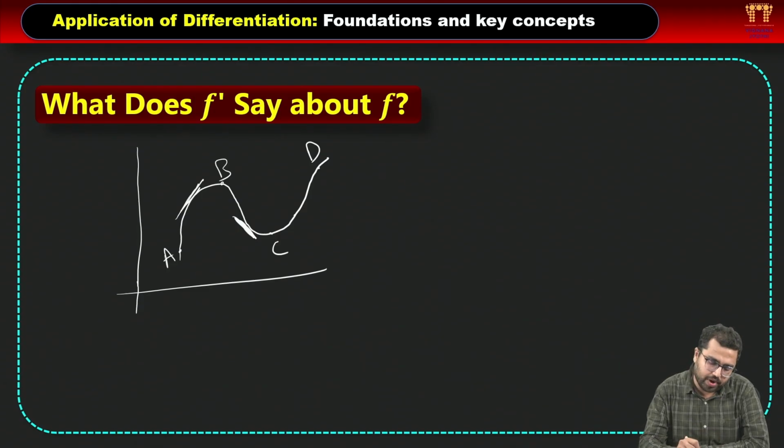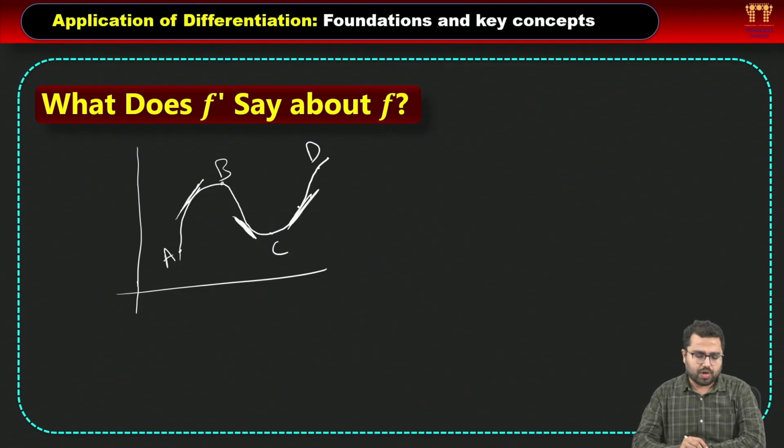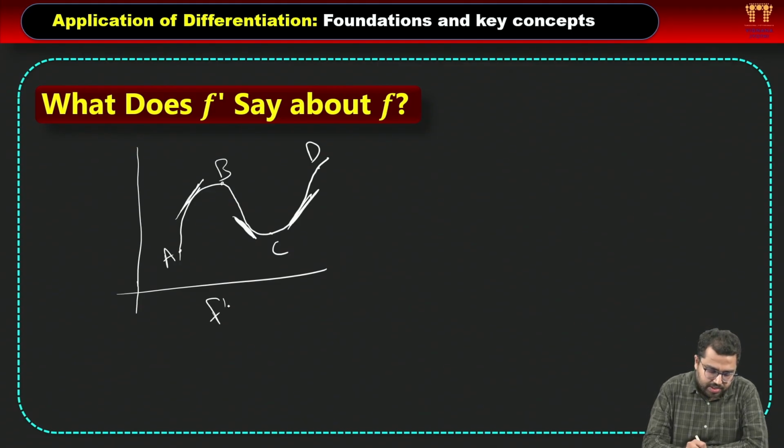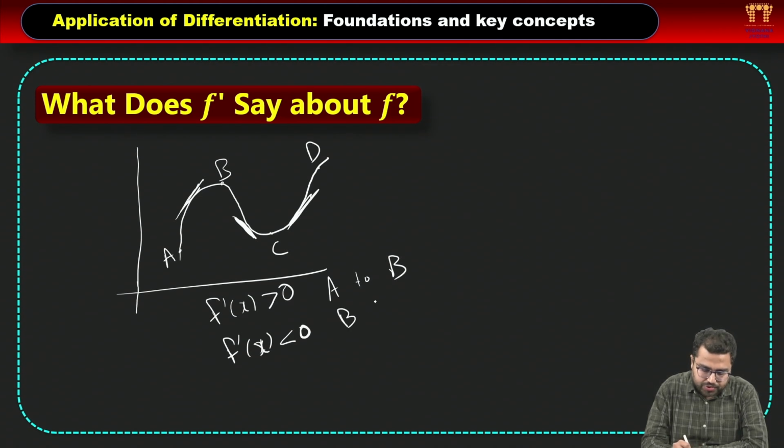Again, from point C to point D, any tangent line has a positive slope. So what does it mean? f'(x) is greater than 0 from A to B, f'(x) is negative from B to C because the tangent line has negative slope, and f'(x) is positive from C to D.